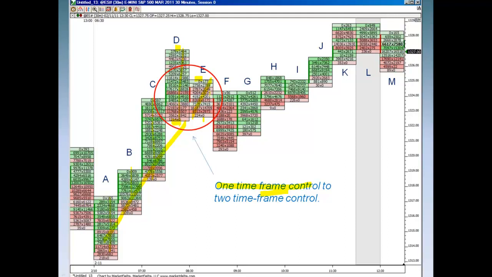It is taking place in the lower end of the range of D. So all these elements combined together now highlight for me that control has transitioned from one time frame control to two time frame control.